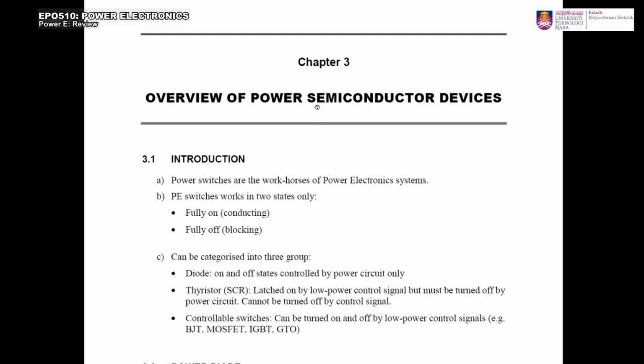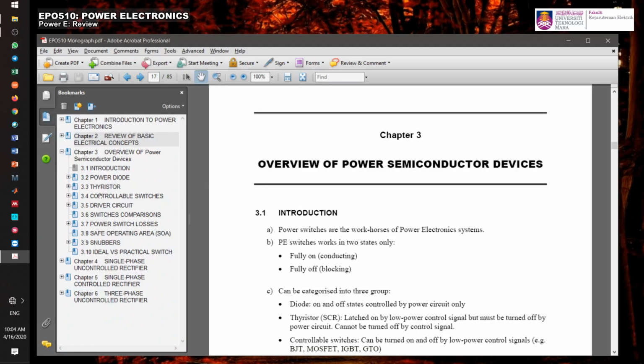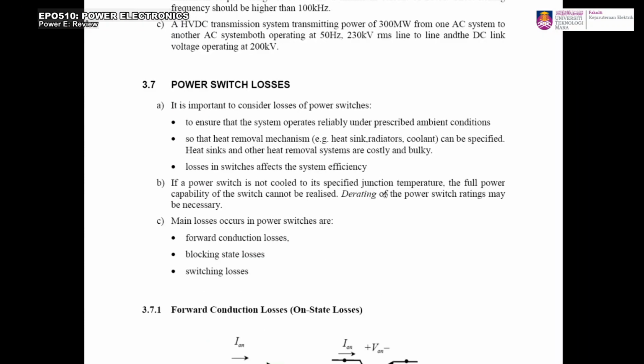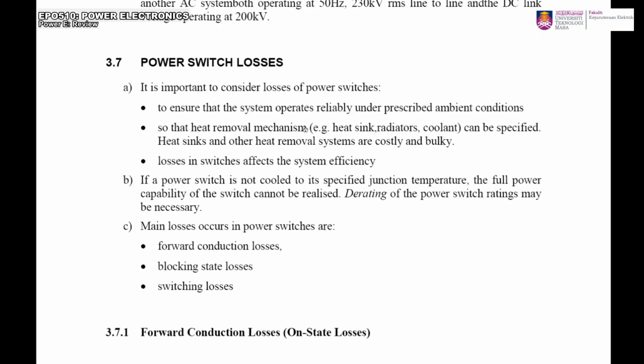Okay, and then we move on. I don't think I want to go back to this overview of power. So we also touch on the overview of power semiconductor devices. Look at this. Okay, so we've covered all of this. I just want to give a refreshment on the power switch losses. So just click here, goes to power switch losses. Okay, it's important to consider losses of power switches.